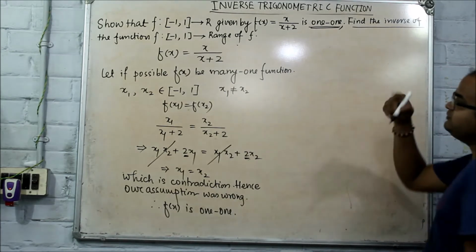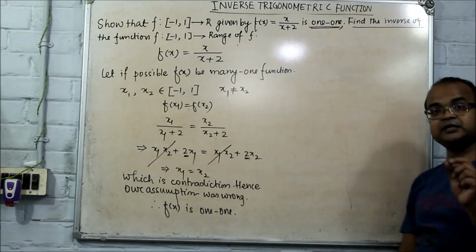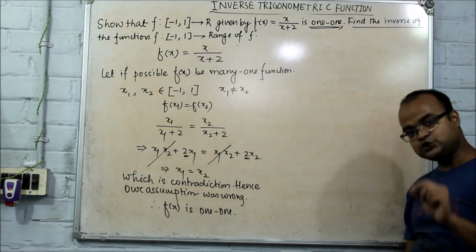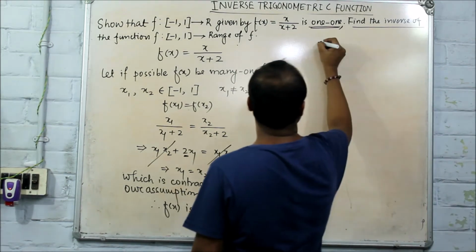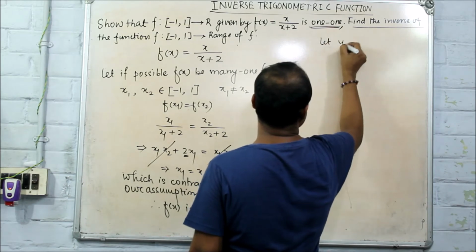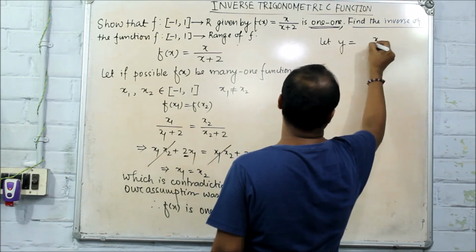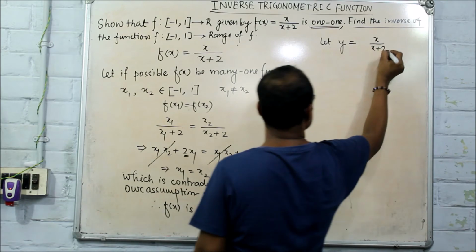Now find the inverse of the function. To find the inverse of the function, we need to prove the function is onto. So the process is, we assume let y is equal to x upon x plus 2.